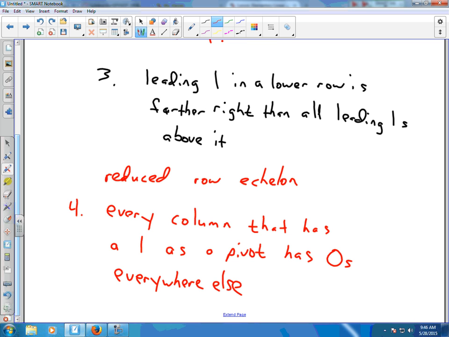So to be in reduced row echelon, if you have a column that has a pivot in it, then all other values in that column will be 0.